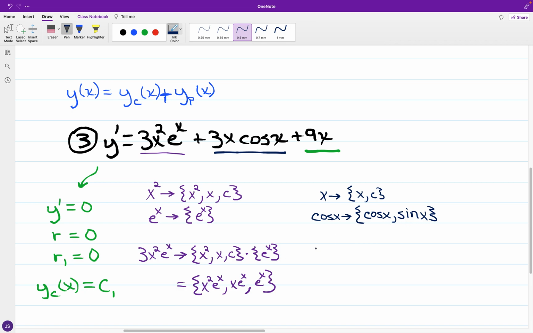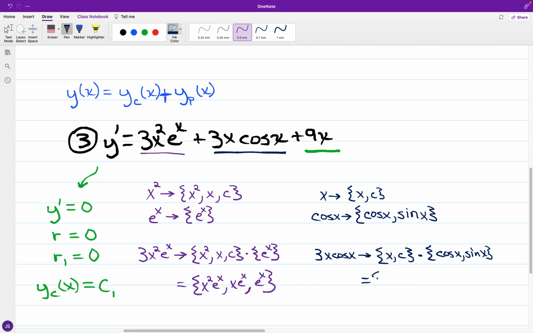And for the case of 3x cosine of x, from that term we have to spring forth, multiplying the corresponding elements from the families of derivatives. From x, we have x and a constant, times, from the cosine of x, cosine of x and the sine of x.